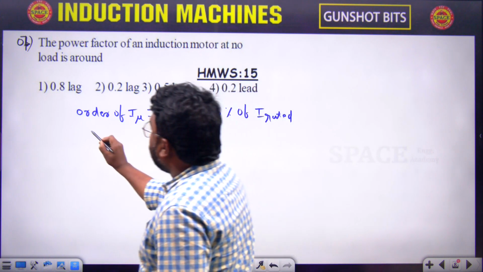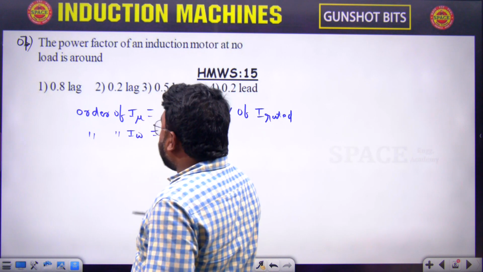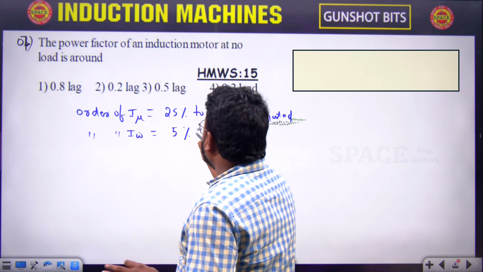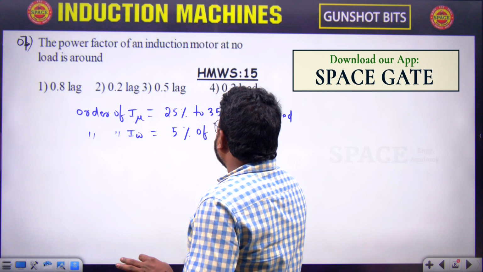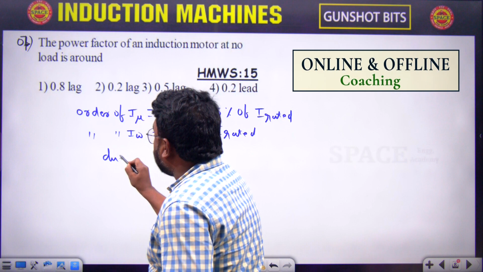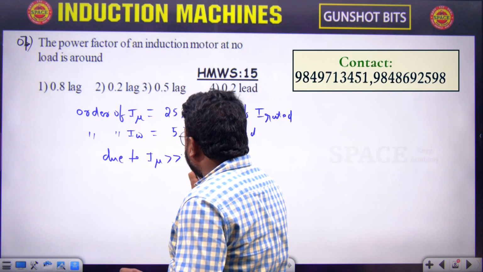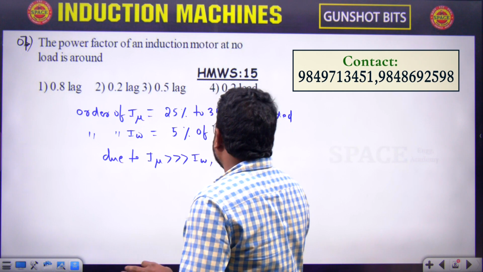Similarly, the iron loss component of the current in the induction motor is equal to about 5% of the rated current of the motor. The magnetizing current is very high as compared to the iron loss component of current.